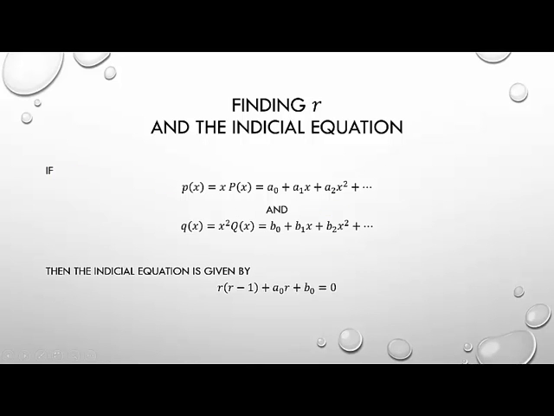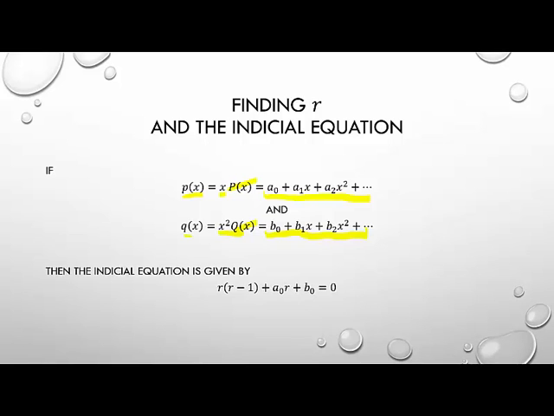Finding r is a short process once we can identify p of x and q of x. Once we identify p and q, we'll multiply capital P by x and call that little p of x. Since this is supposed to be analytic, we can find a power series around x naught for this function. Similarly for q, we can find a power series around x naught after multiplying it by x squared.